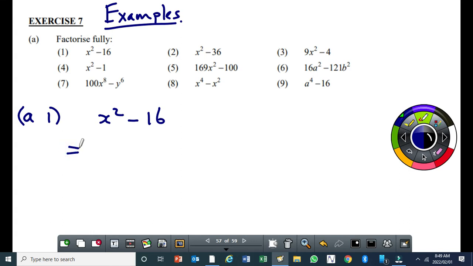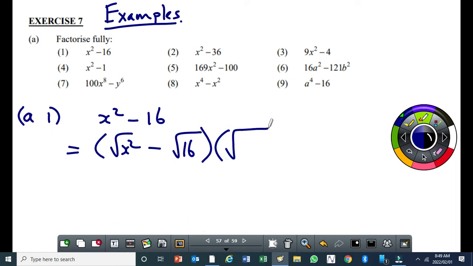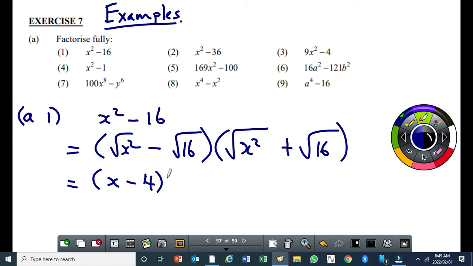If you go back to first principles that I told you about, this is going to become the square root of x squared minus the square root of 16, times the square root of x squared plus the square root of 16. We are going back to the basics. So this will give you x minus 4 times x plus 4.